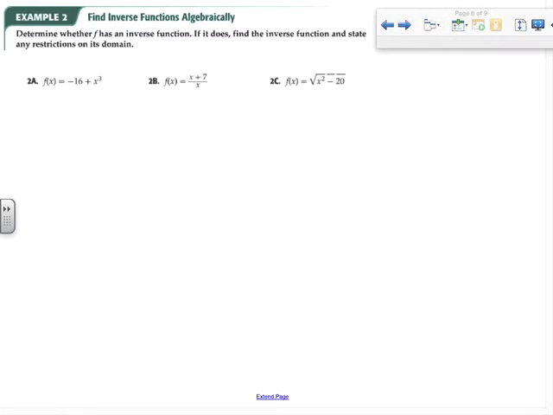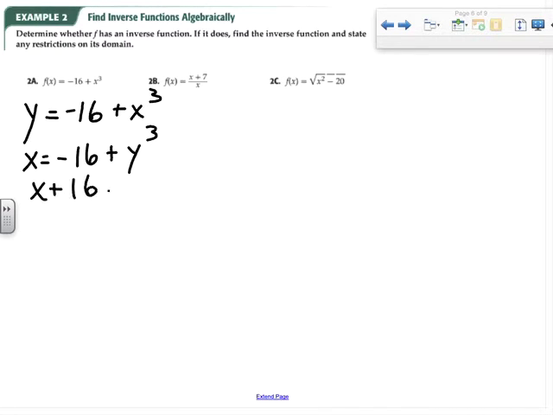Since this does have an inverse function, let's figure out what it is. I replace the f of x with y, and then I switch the x and y. And then we solve for y.